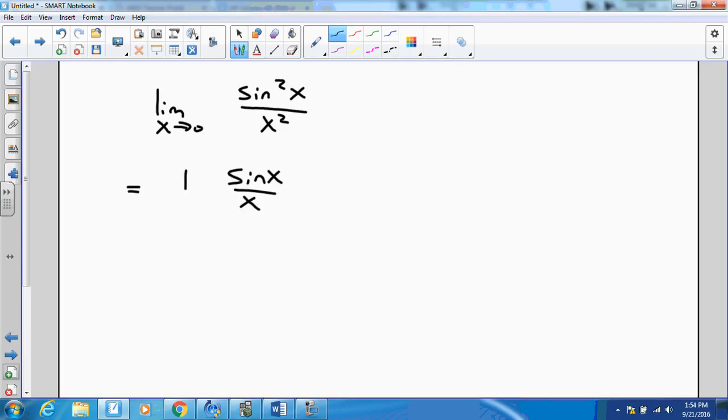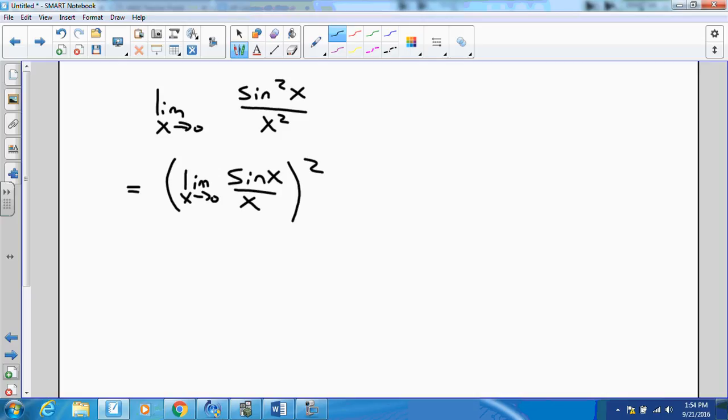Yeah, but give me the whole thing, not part of it. The limit as x goes to 0 of sine x over x, times the limit as x goes to 0 of sine x over x. We can either think of this in terms of power rule, or we can think of it in terms of product rule. Both are valid.